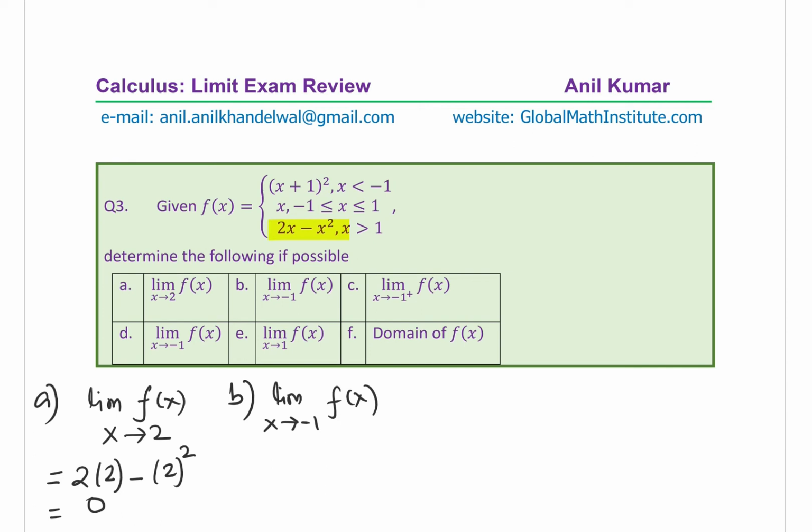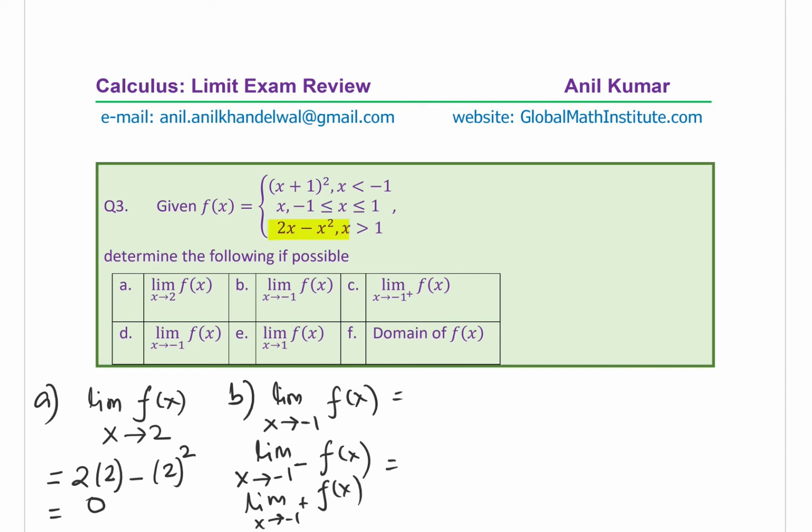You may not be there, but you are approaching from both sides. So we'll say what is the left side limit and what is the right side limit, right? So in this particular case, you'll say the limit when x approaches minus 1 from the left side is equal to what? Also, you'll find the limit when x approaches minus 1 from the right side, right? So both the values we need to figure out.